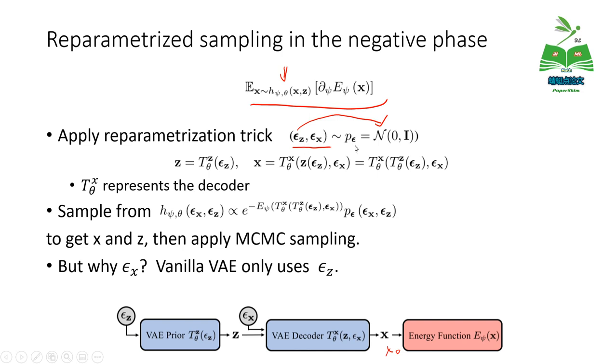In this paper, they define the epsilon z and epsilon x. So I'm not sure how they get epsilon x to the decoder. I'm not quite sure about it. Maybe it's from the NVAE paper, because they use NVAE as the backbone.